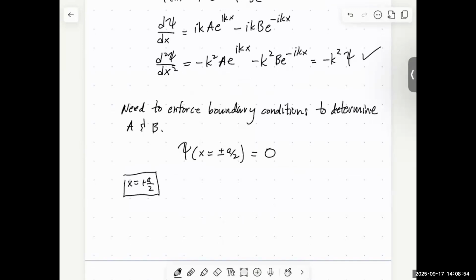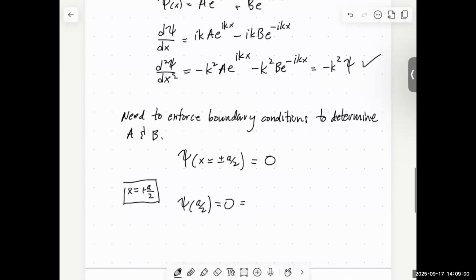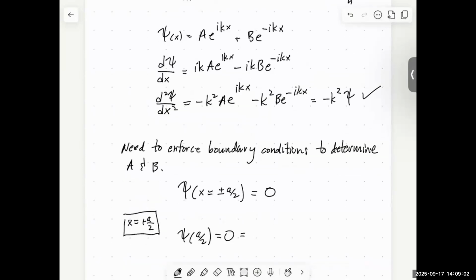At a by 2, we want that to be 0. We're just going to sub into our solution at the top of the screen, putting a by 2 where I see x. So we're going to get a e to the ik a by 2 plus b e to the minus ik a by 2.